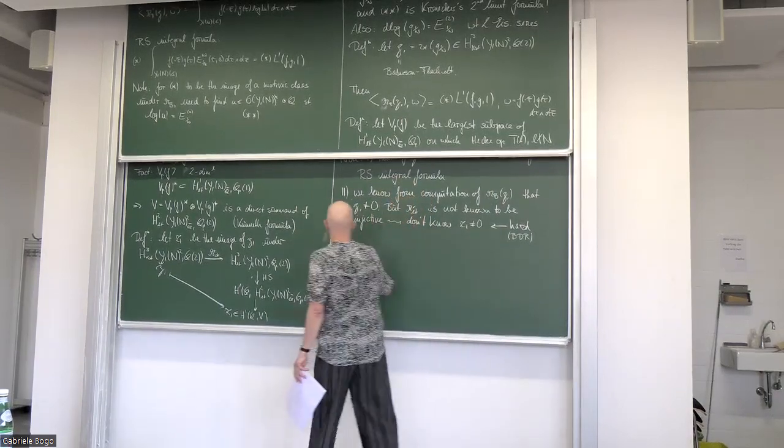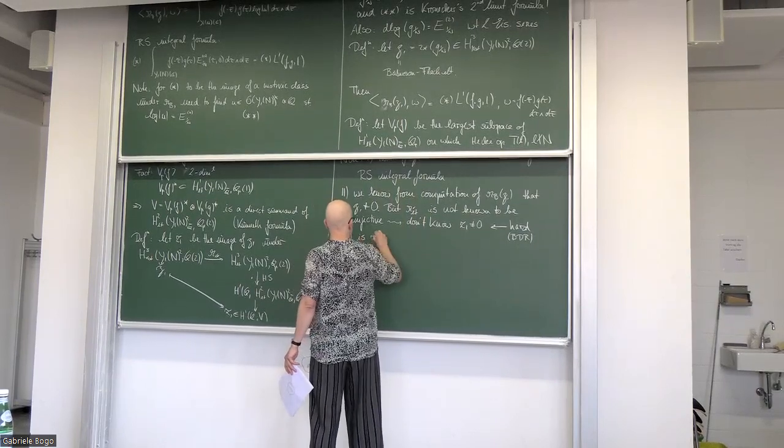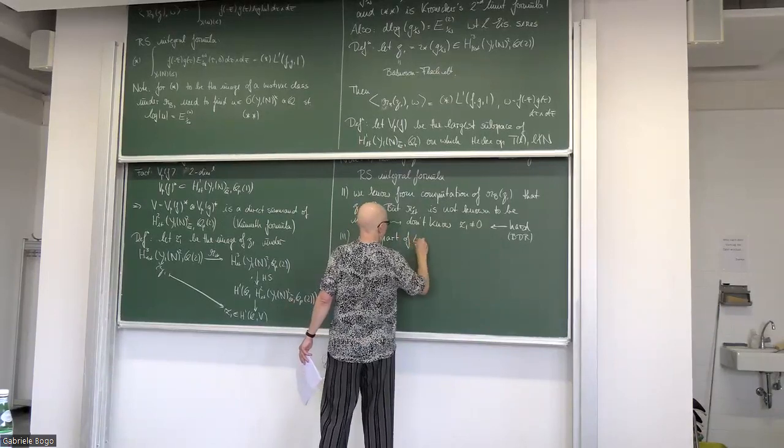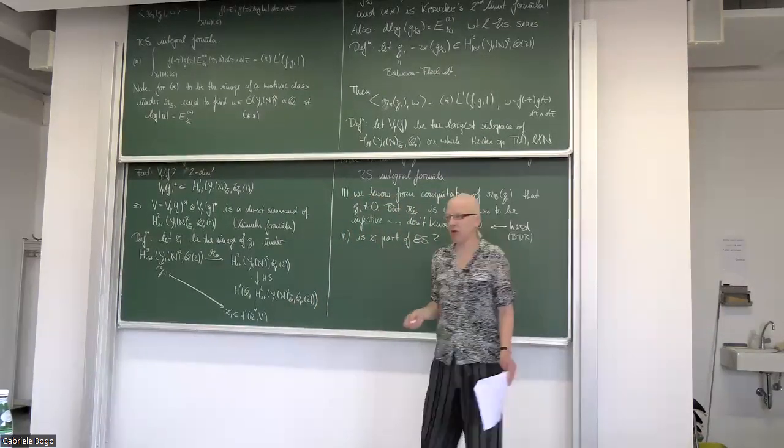Right, so the third question: is Z1 part of an Euler system? That is not obvious.